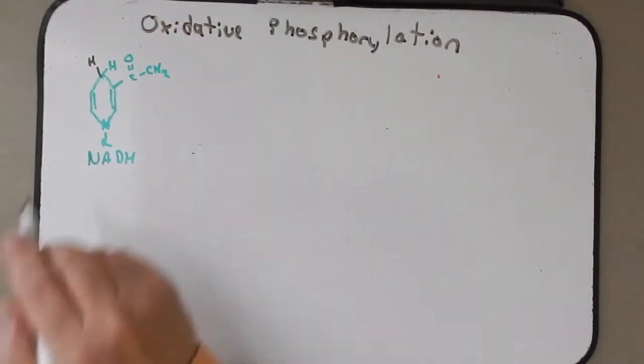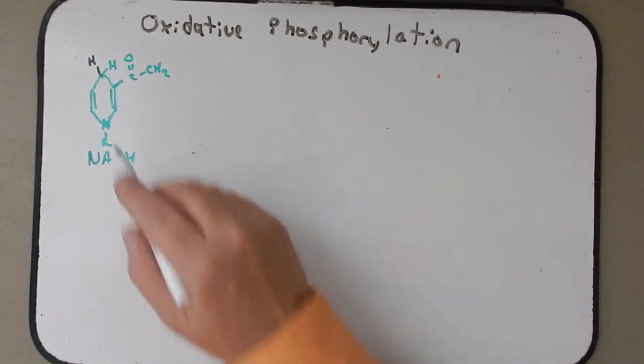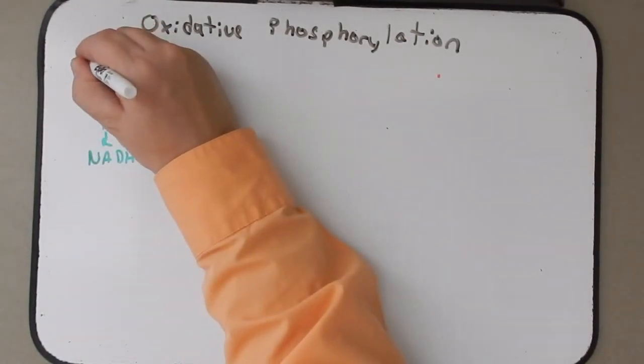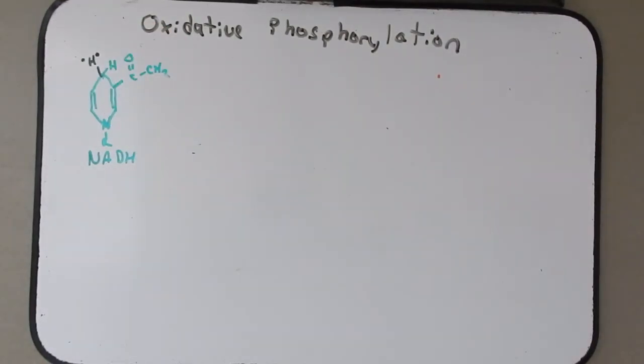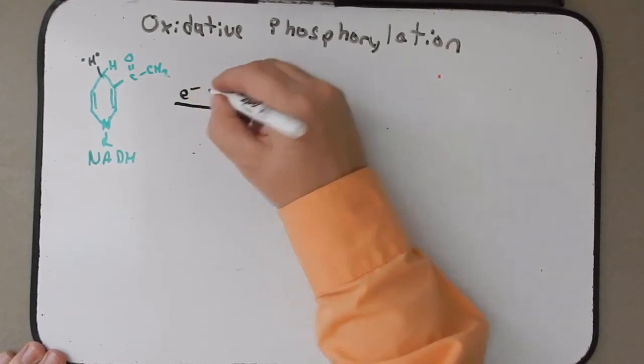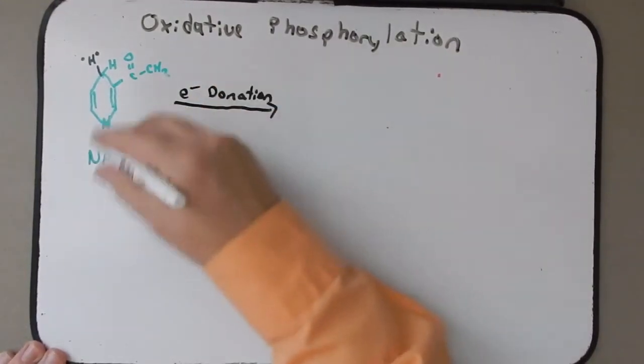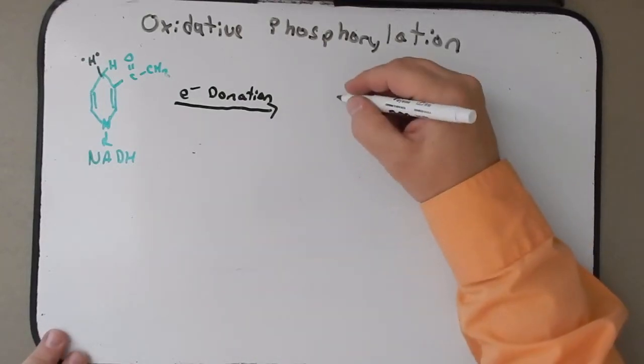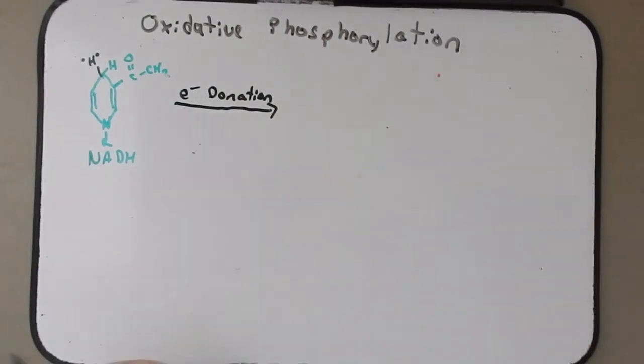Remember, before this is NAD+, and so the hydrogen is added here, and it contains a pair of high energy electrons. What happens is these electrons are donated, gotten rid of, lost from NADH. The bonds rearrange in the structure and you end up with NAD+.